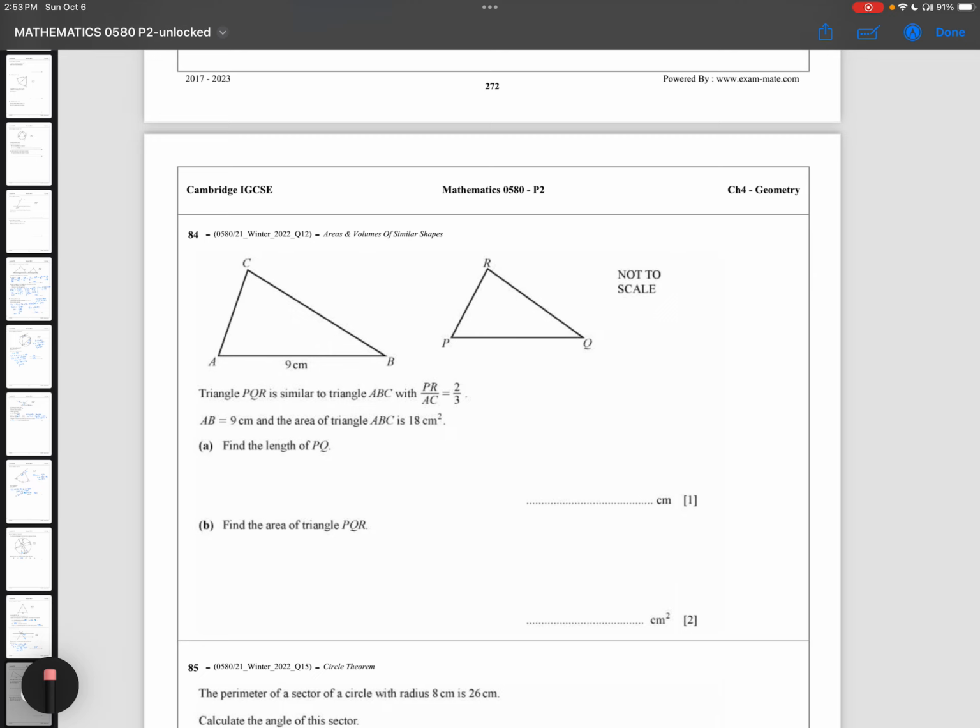So PQ upon AB will be equal to PR upon AC, the other ratio that we have also been given. So now, PQ upon AB, which is 9 centimeter, is equal to PR upon AC, which is 2 upon 3.